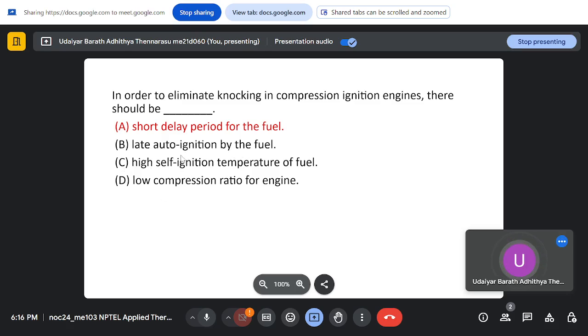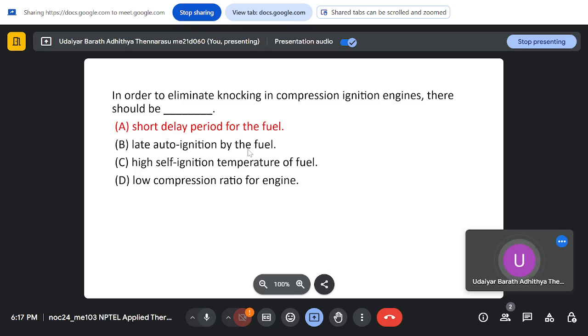Option B, a late auto ignition by the fuel: late auto ignition cannot happen, so B is ruled out. If you see C, high self ignition temperature of fuel, then the compression ratio required will be very high to reach that self ignition temperature, which is generally not desirable.